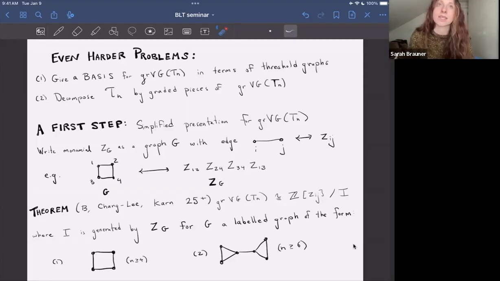Basically, the flats are indexed by signed set partitions subject to certain conditions. So that's the lattice of flats. The face poset I guess would be similar. I think instead of set partitions, it would be set compositions.